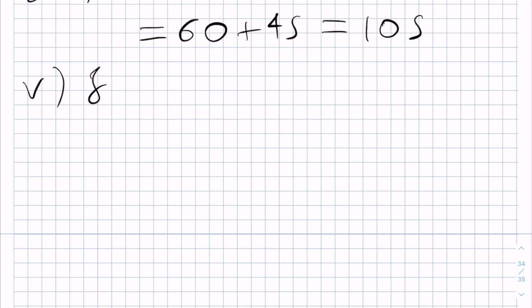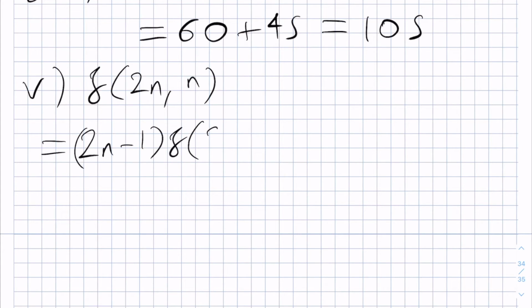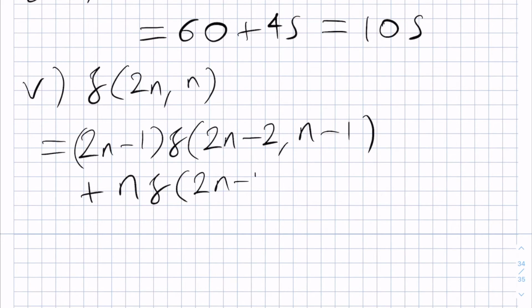We can take our f(2n, n) and apply the recurrence relation to get (2n minus 1) f(2n minus 2, n minus 1), plus n f(2n minus 1, n).